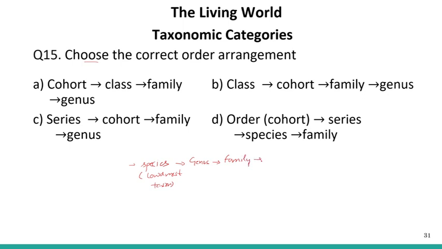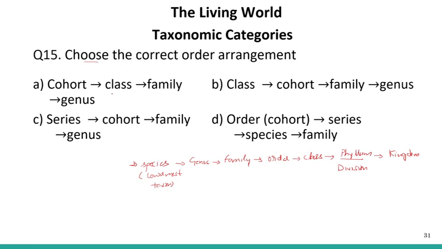After family, we have the order. Then class. Then phylum in the case of animals and division in the case of plants. And then we have the kingdom. So this is the taxonomic hierarchy.